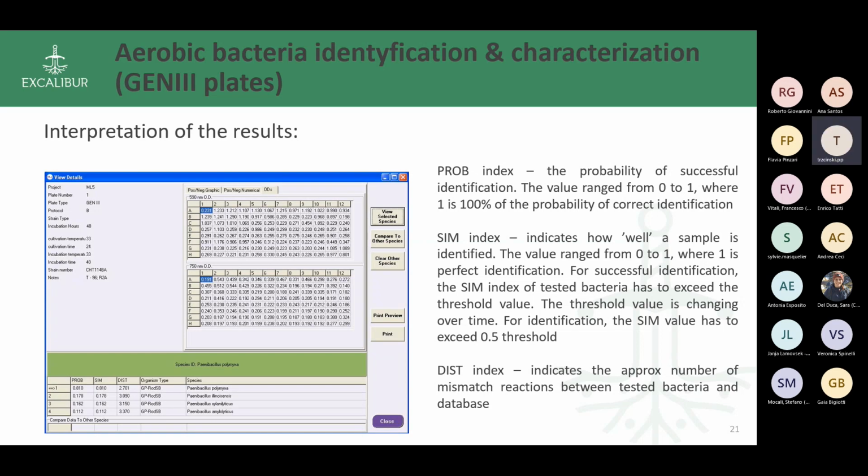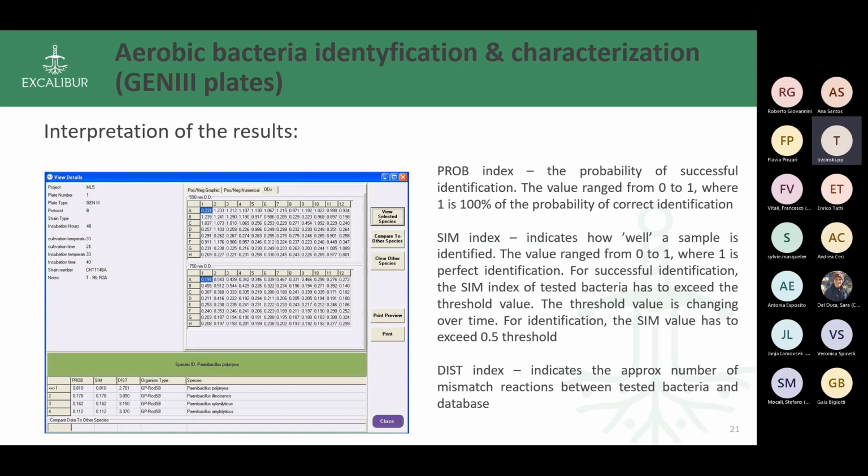But for the system or for you, the SIM index has more value because it indicates how well the sample is identified. It has the same range, from 0 to 1.